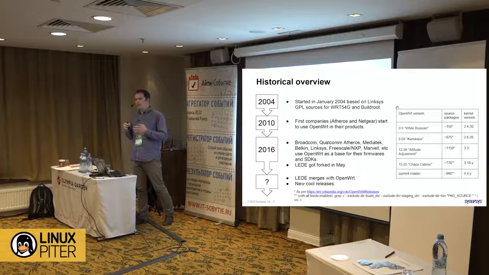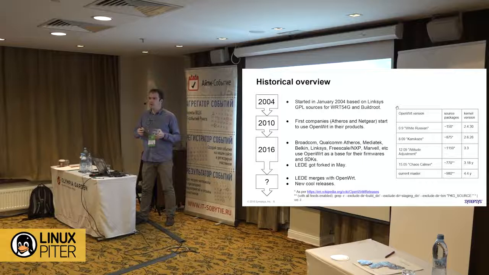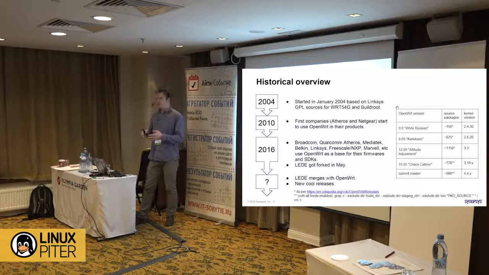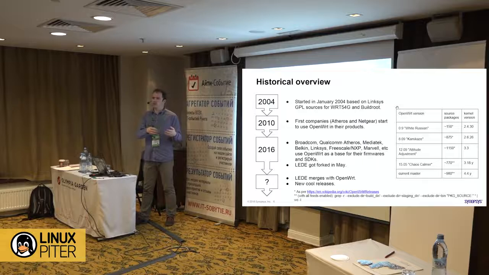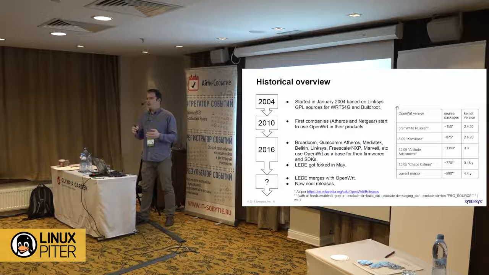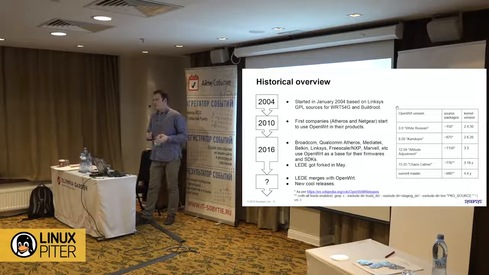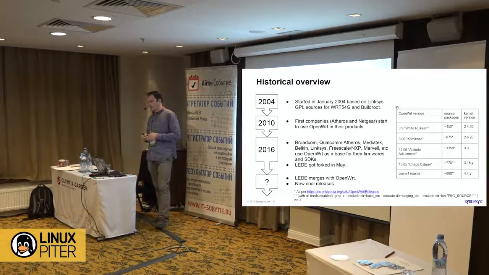So today, I think about 50% of consumer and prosumer wireless devices, wireless routers, actually use OpenWRT in some form, probably some older versions, as a base of their distribution. And what is also important, big vendors use OpenWRT for building the SDK which they provide, for example, SoC vendors provide to companies who produce actual consumer devices. So we see a lot of companies join them, and probably everybody will use that finally.